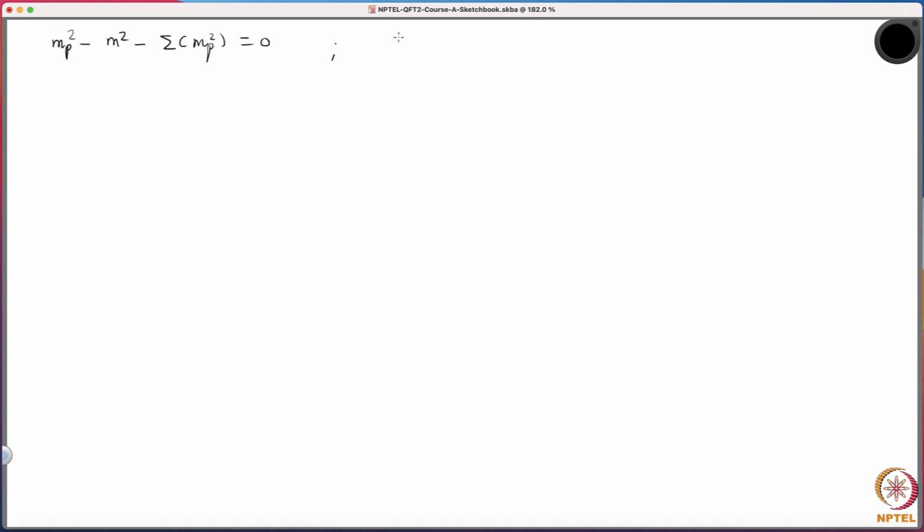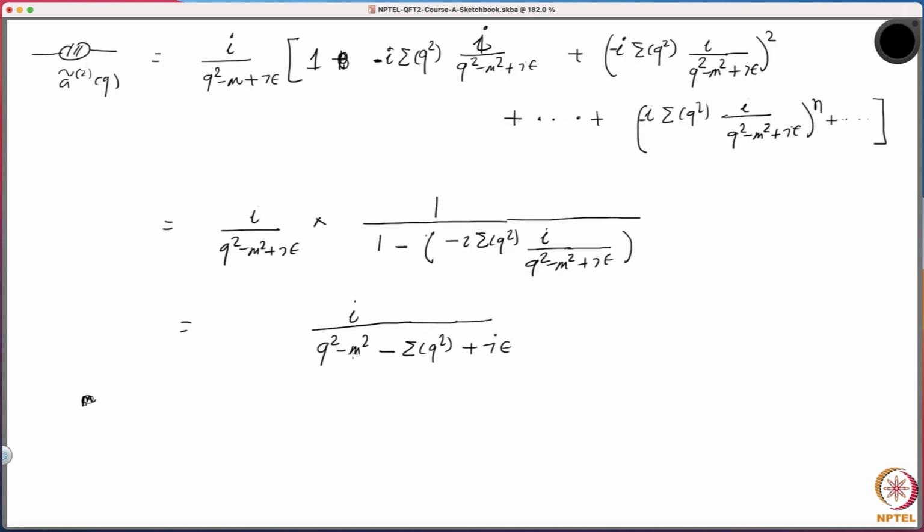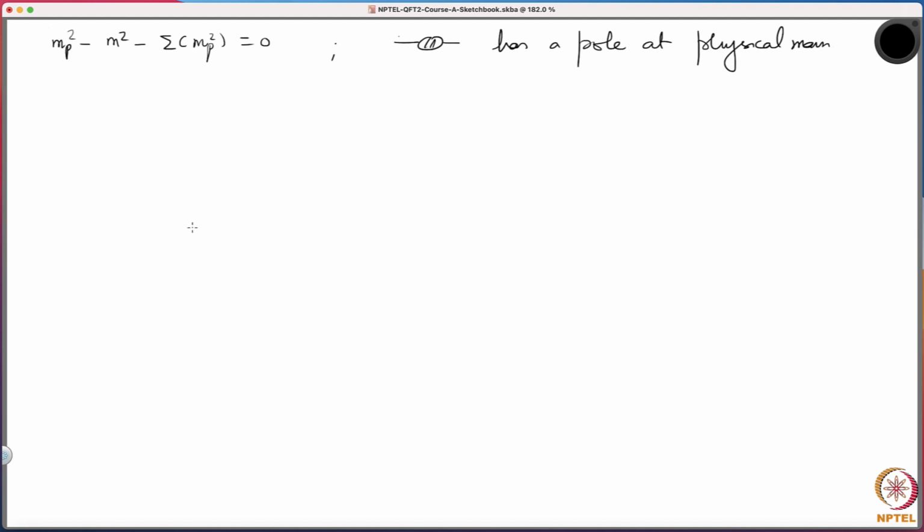Because this has a pole at physical mass. So I have just put q square equal to mp square in the previous expression in the denominator, and then I get this condition. And with the help of this I can determine the physical mass and also the factor of Z to whatever accuracy I require. So let's do that exercise.